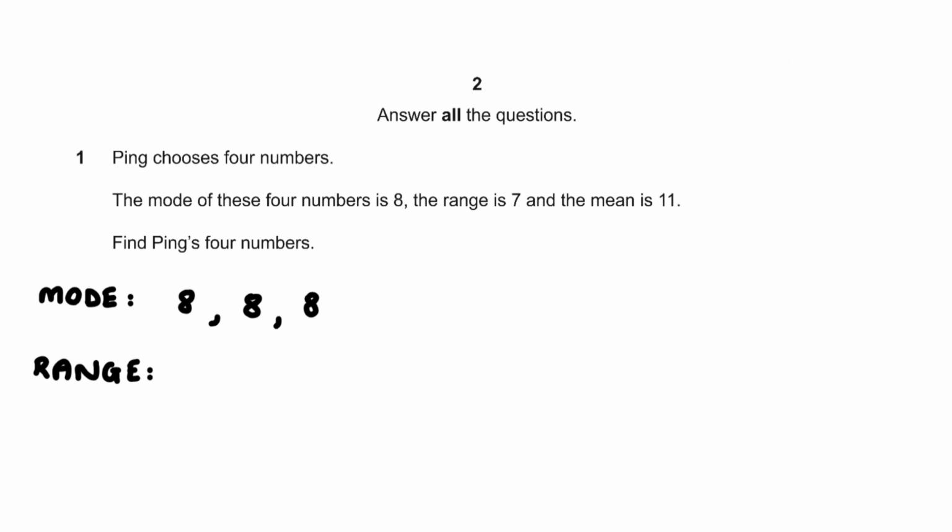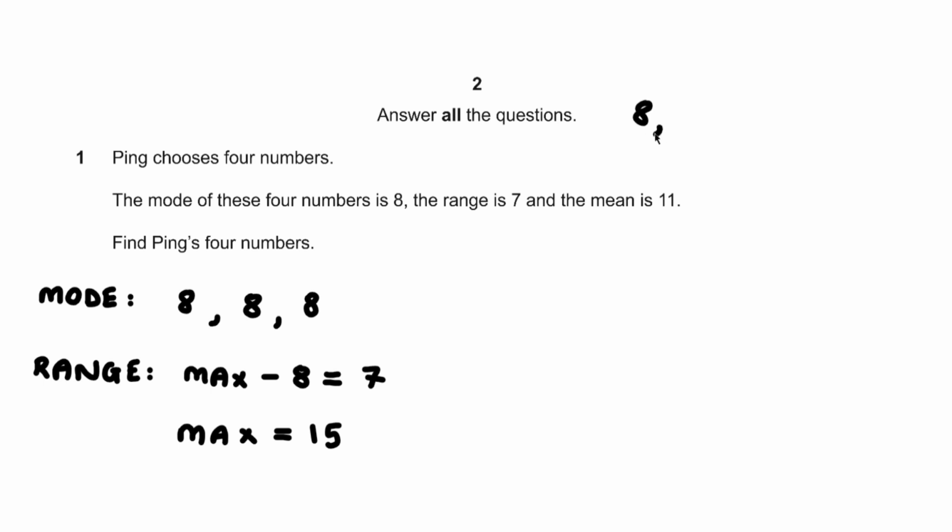Let's try working that out the other way. Suppose we have the biggest number, which we don't know, take away our smallest number 8, and suppose this is equal to 7. That means our biggest number is 15. Now will this work?